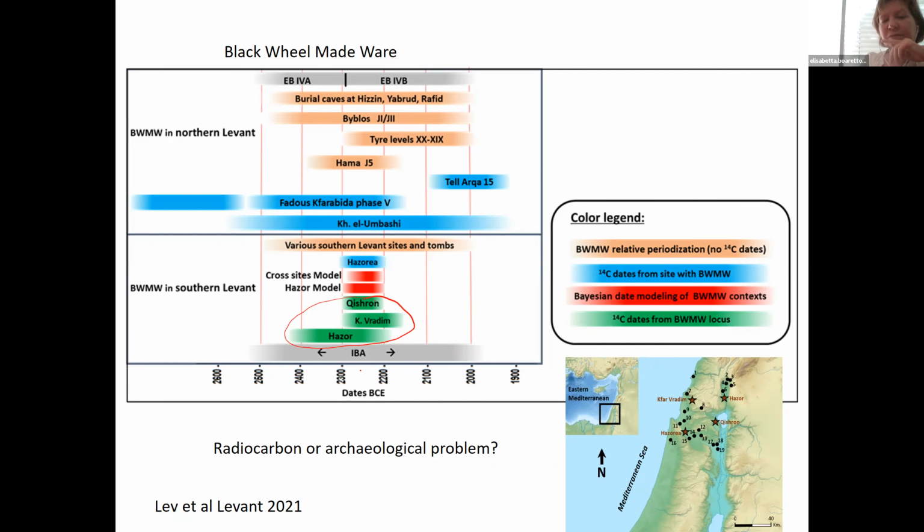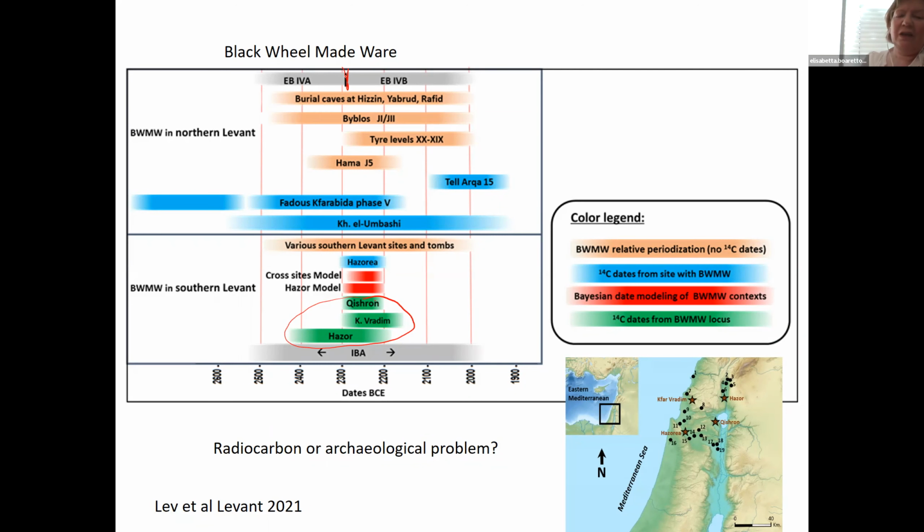We start very much closer to the beginning of the 23rd century. So exactly when there is this change between the EB4A and EB4B in the northern Levant. So the communication between north and south, if from the north this idea reached the south, was very immediate. It was very, very fast.